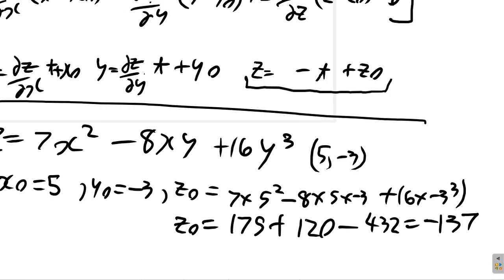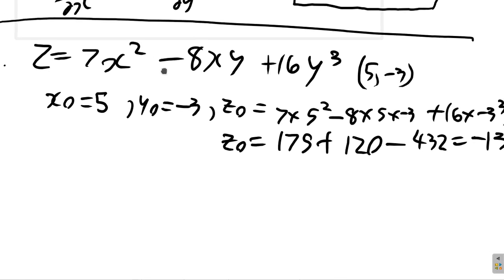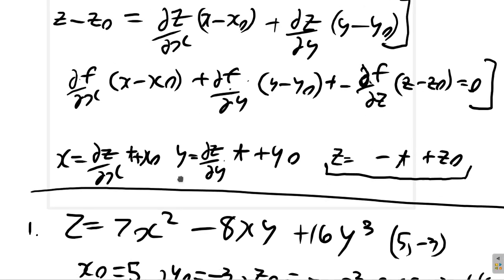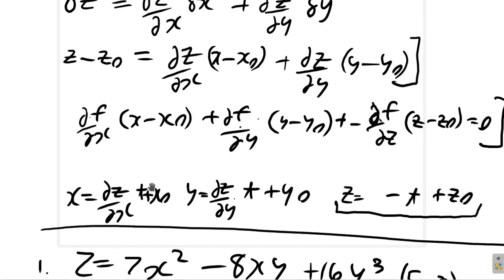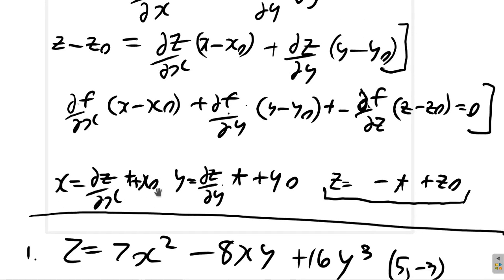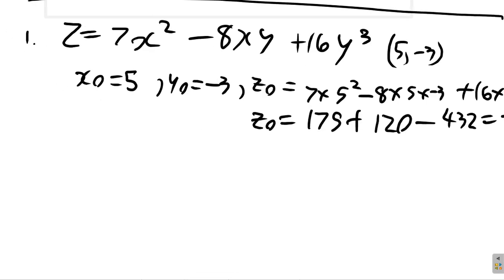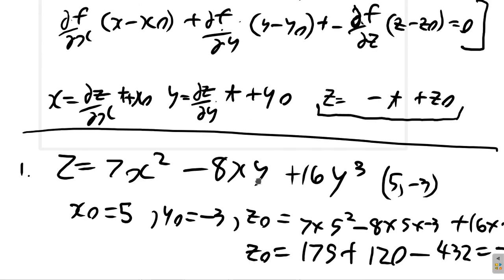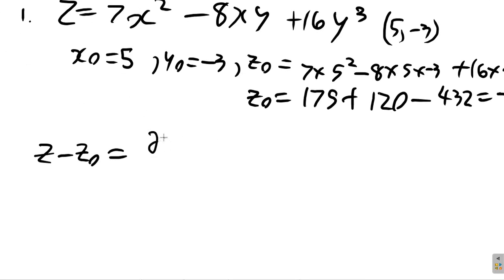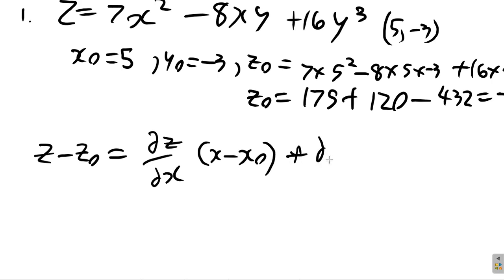Now, delta z by delta x. Let me just write the whole equation. z minus z naught equals delta z by delta x, x minus x naught, plus delta z by delta y, y minus y naught.